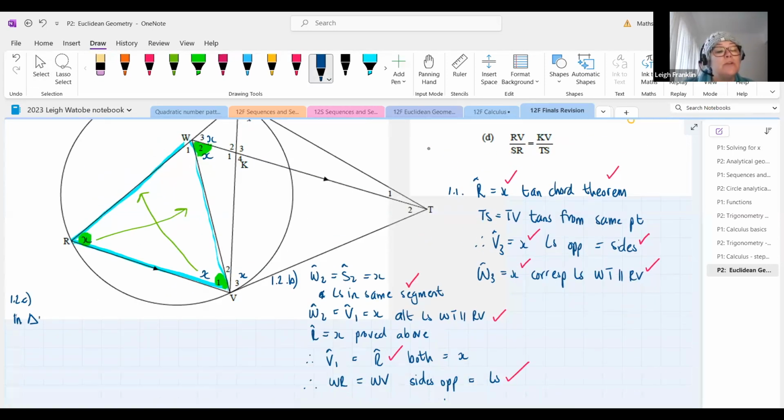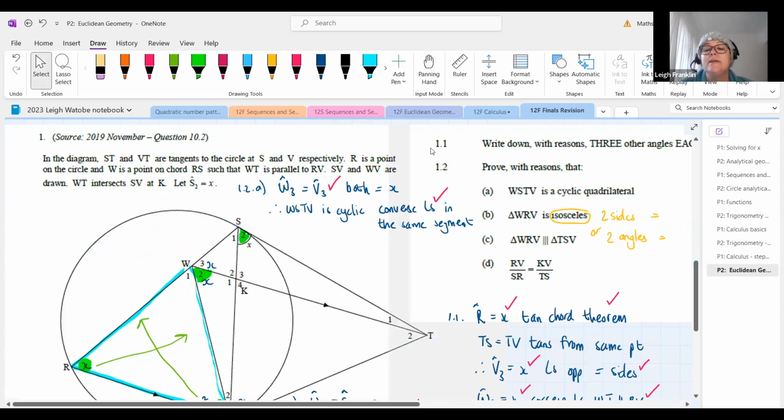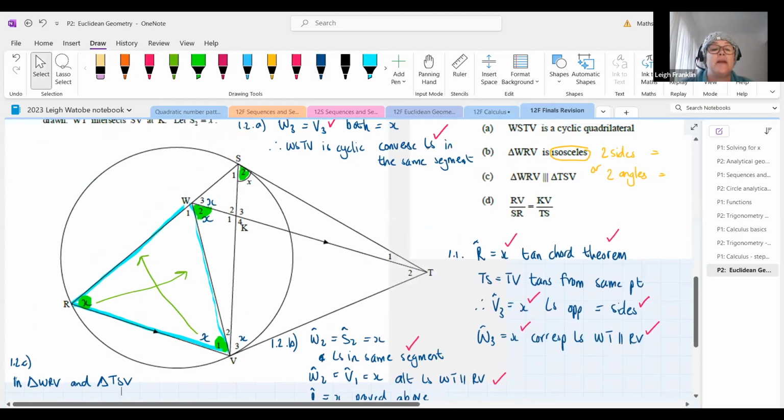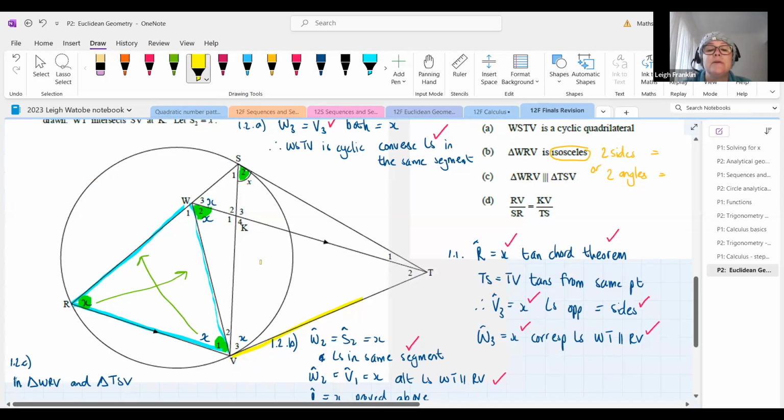We've got that triangle highlighted already. And the other triangle they want us to work in is TSV. Let's use yellow. And here's TSV.